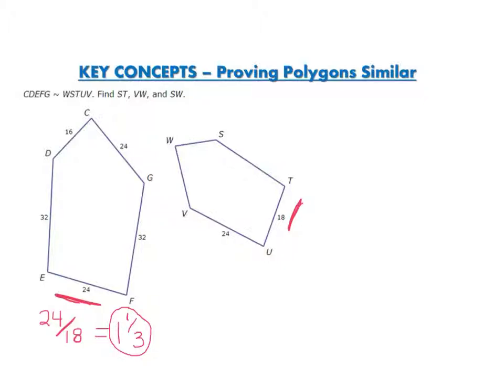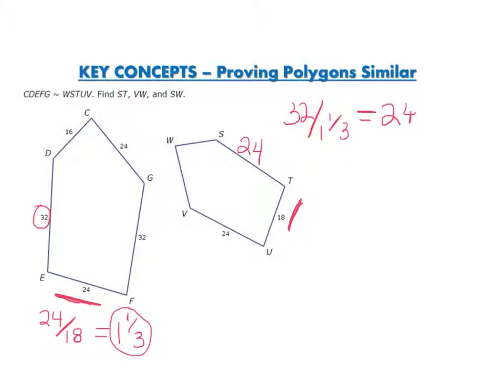So let's look at ST. ST is the second and the third, and DE is the second and the third. So that matches up with 32. So I need to take 32 and divide it by 1 and 1/3. When I divide that, I get 24. So ST is 24.